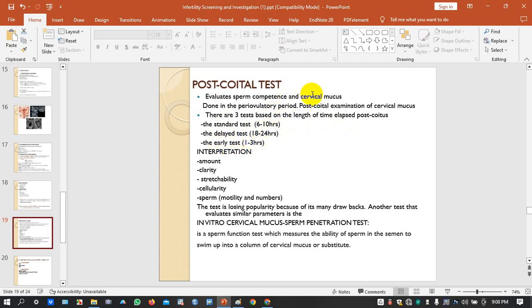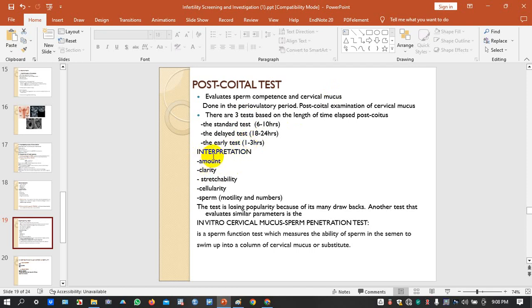You just want to see whether the sperms are able to travel through the mucus, and how strong are they? Are they moving in an active manner in linear progression? So interpretation. This one is done in the woman to assess.